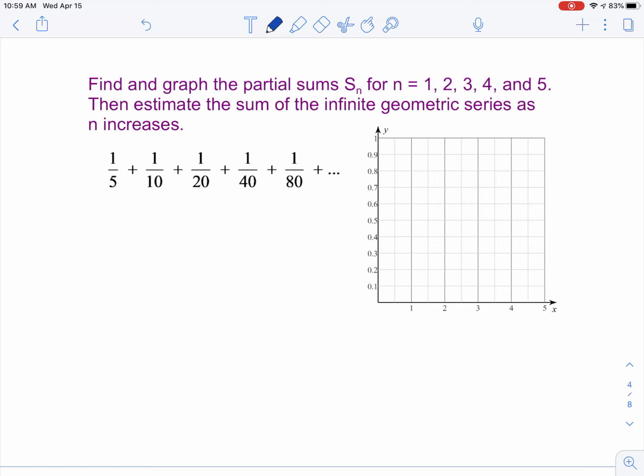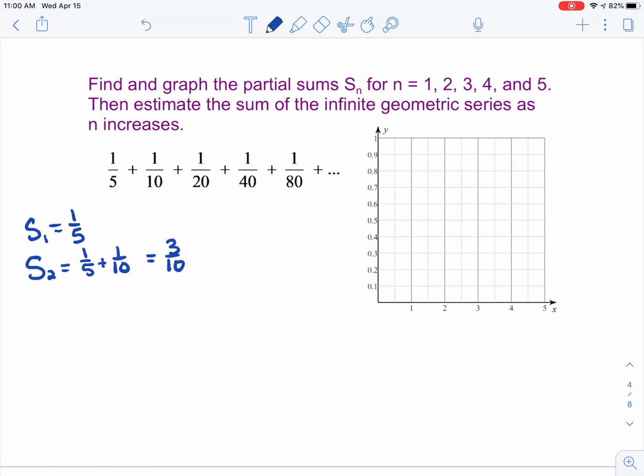It says, find and graph the partial sums for n equals 1, 2, 3, 4, and 5. Okay, so the sum of 1 is just my first value. The sum of 2 is going to be 1/5 plus 1/10.